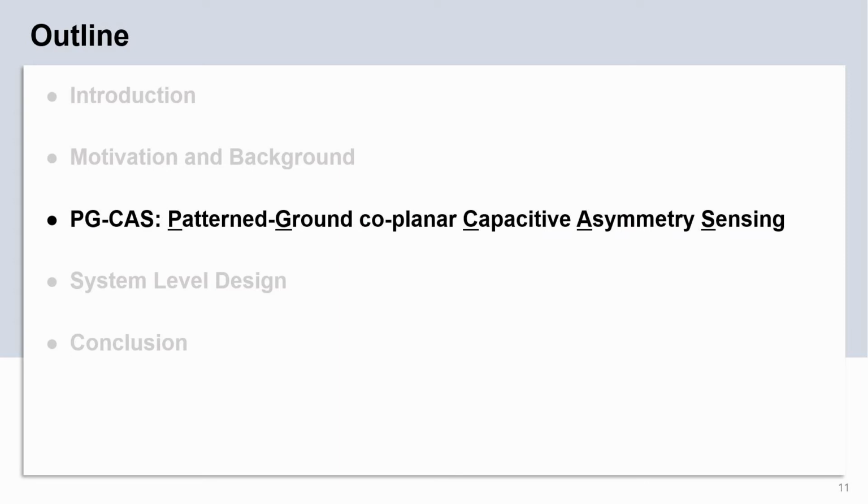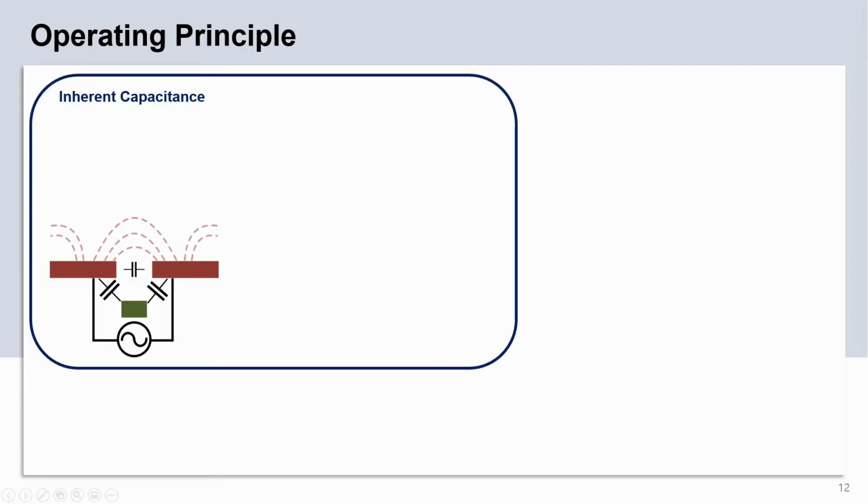Now, let me explain the patterned ground coplanar capacitive asymmetry sensing structure. Plate-to-plate and plate-to-ground capacitances will depend on the presence of objects between the plates and the surrounding environment, as the electric field lines between the plates would get coupled to any nearby object. Coplanar plates and patterned ground that are not affected by the surrounding environment form their own capacitances.